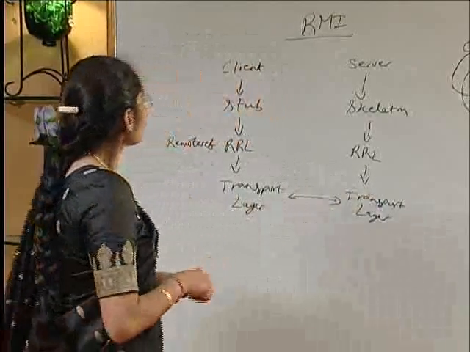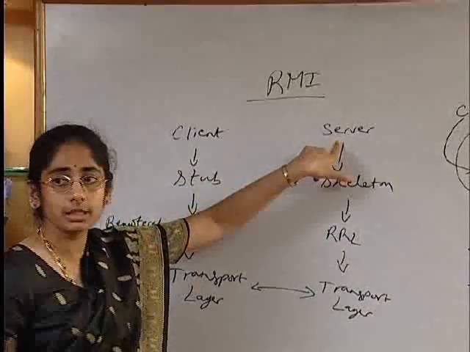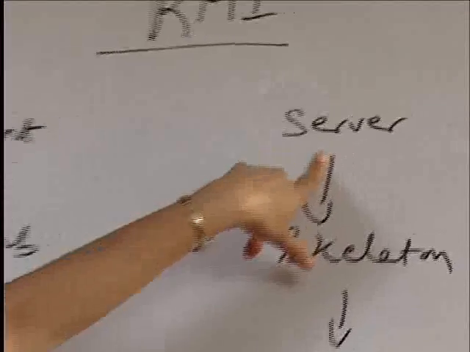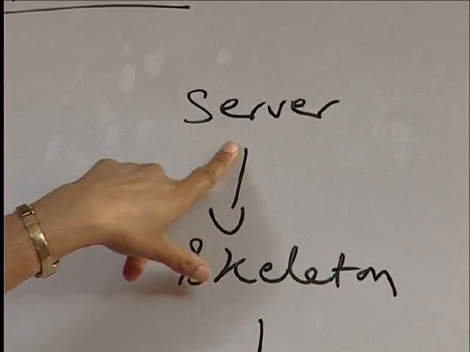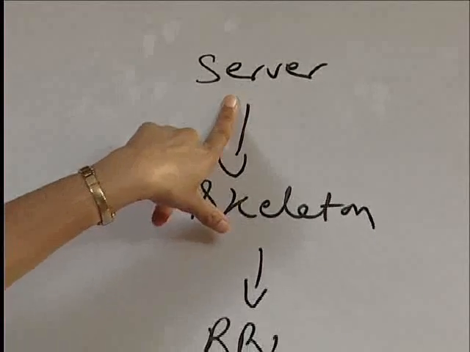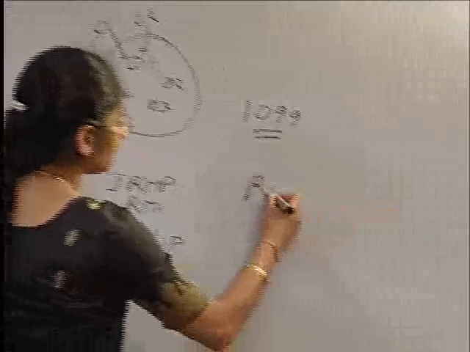So, when a client wants to talk to the remote object which is residing at the server, first it needs to get the reference of that remote object. What the server does is, once it creates the remote object, it places that remote object onto what is known as an RMI registry.